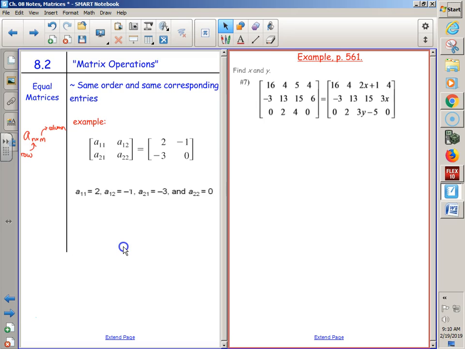You can collaborate in your groups. It should only take a moment or 2 or 3. Are you looking at how they're equal? Ooh. If they're equal, what's going to have to match up?